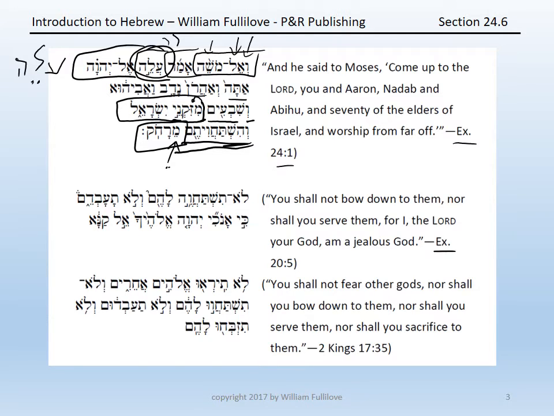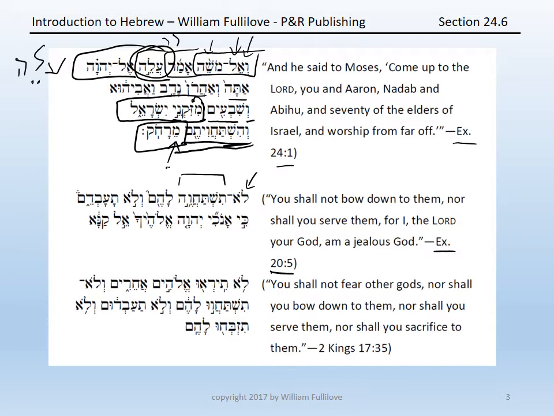Second, Exodus chapter 20, verse 5. Lo tishtahaveh lahem, velo ta'ovdem, ki anoki Adonai Eloheka el kana. So you begin with the negative, not, and in fact it's a negative of an imperfect form.